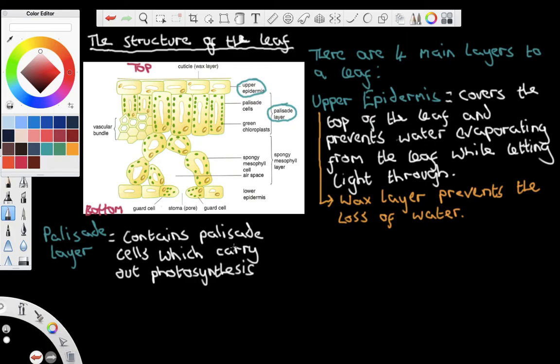So if you're looking at the structure of a leaf, the palisade layer is actually where photosynthesis happens. Okay, so we can add underneath here in red where photosynthesis happens.